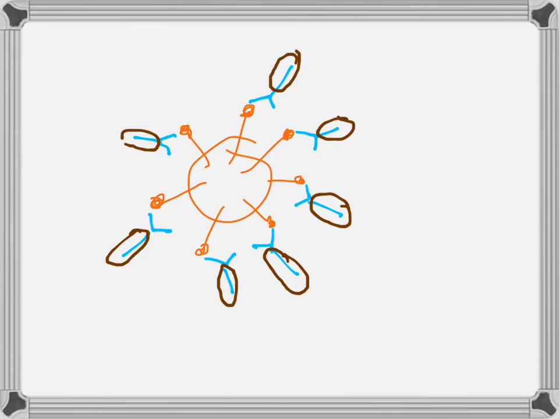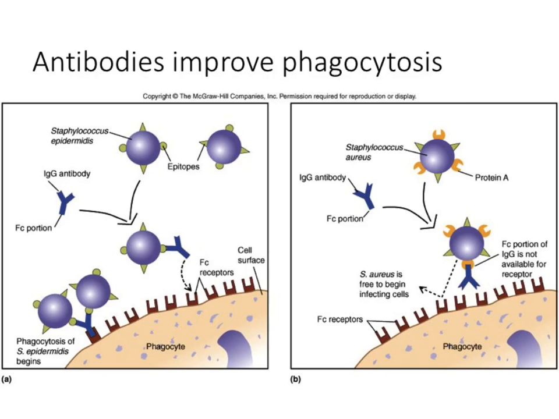Okay. So these regions again are known as Fc regions, and the receptors are known as FcRs, or Fc receptors. So let's take a look at this real quick. Here is an example on the left-hand side where we see these Fc receptors working in action.